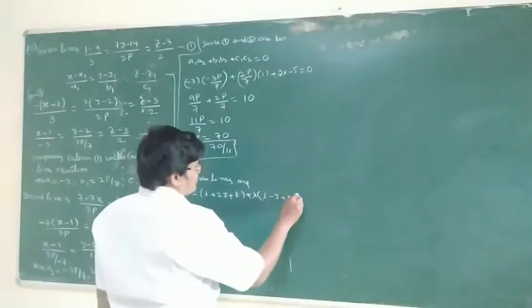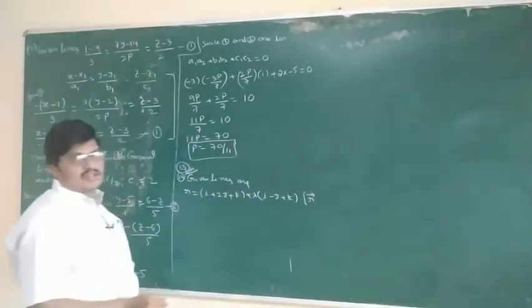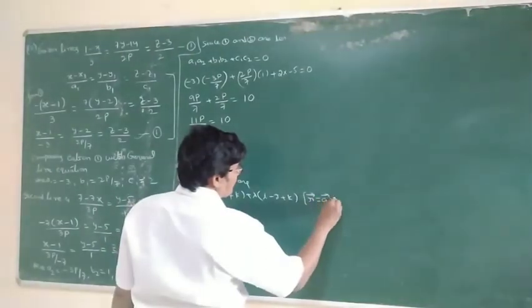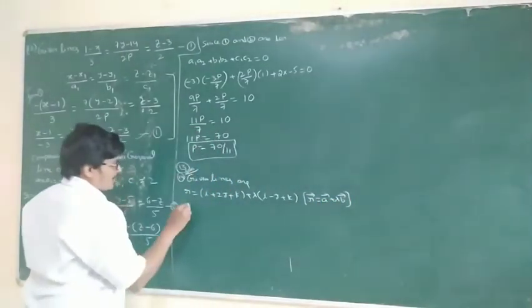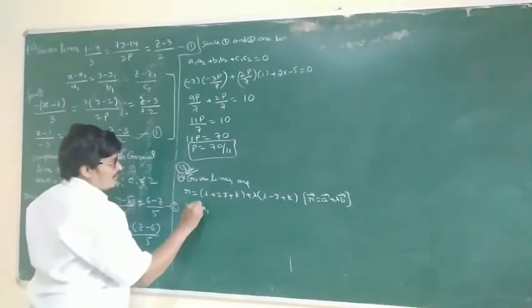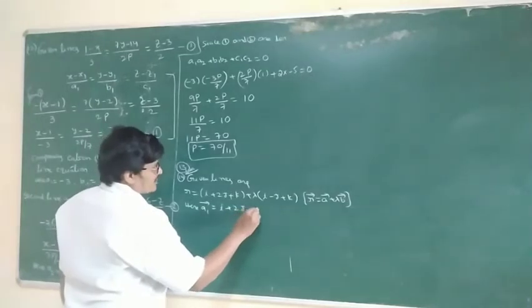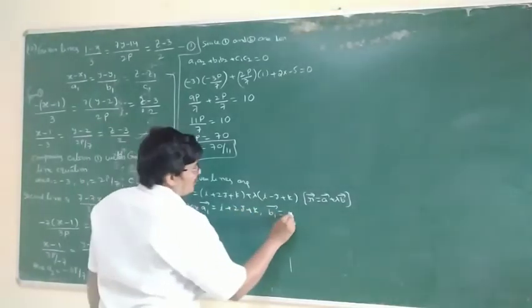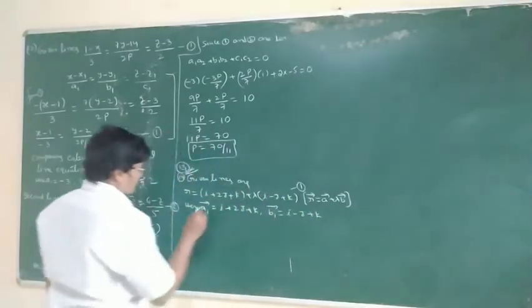This is comparing the equation. What is the general form of the vector line equation? r bar is equal to a bar plus lambda v bar. Okay, first equation: here a1 bar is equal to i plus 2j plus k, b1 bar is equal to i minus j plus k. This is equation number 1.